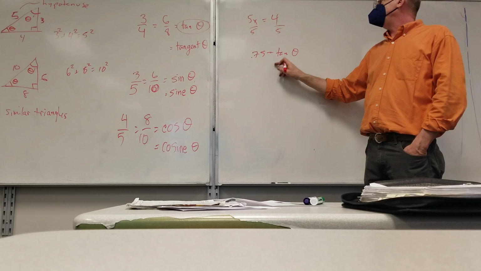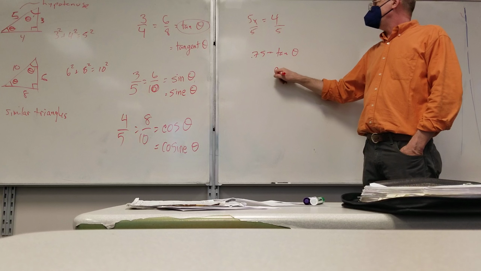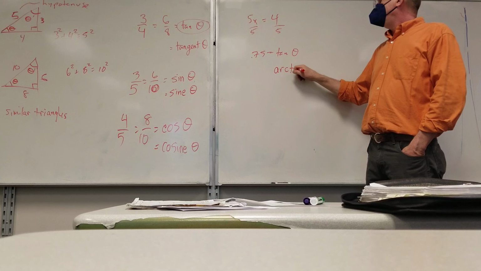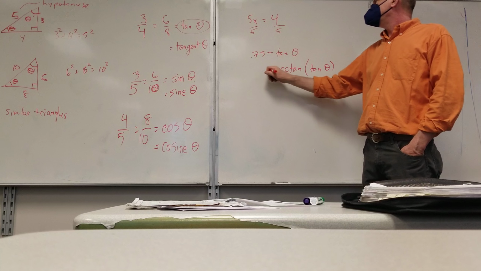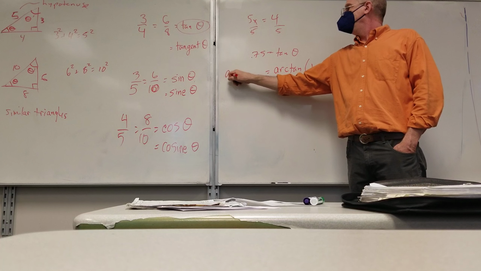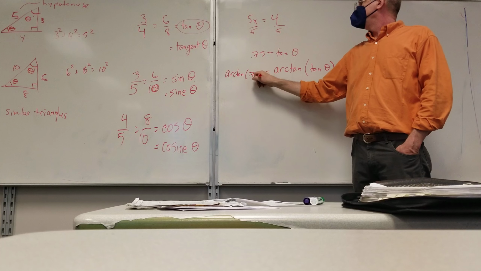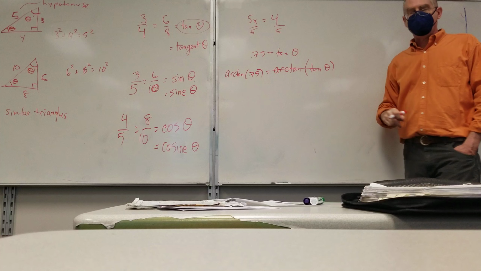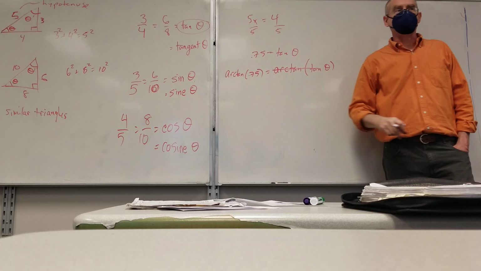The opposite of tangent, or the inverse of tangent, is the arctangent. So I'm going to do that to both sides. And arctangent and tangent will cancel each other out. And I'm left with theta on the right, and on the left, I'm left with this.